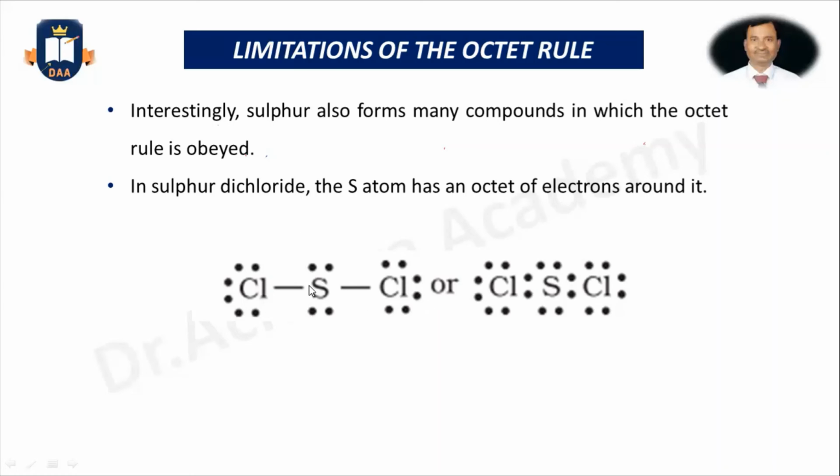Down you see, this is a sulfur, it has 2 lone pairs, that means 4 electrons, and 2 single bonds, left side and right side with chlorine. So this is also 2 plus 2, 4 electrons. So sulfur has 8 electrons, which follows the octet rule.